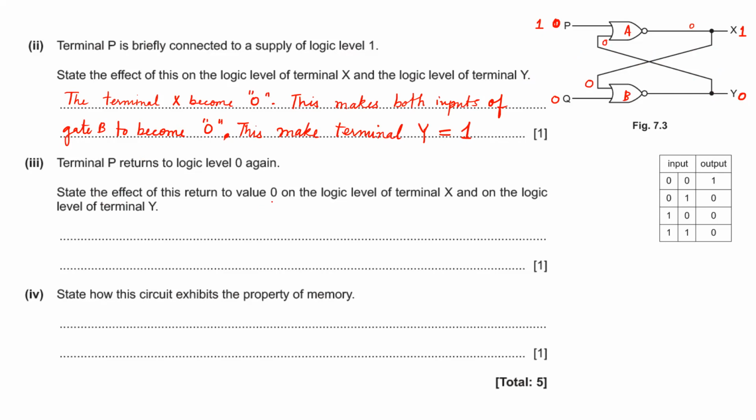State what is the effect of logic level 0 on the terminal X. Terminal X will remain, or retain, its previous state, that is 1. So if 1 is here, 1 comes here, 1 comes here.